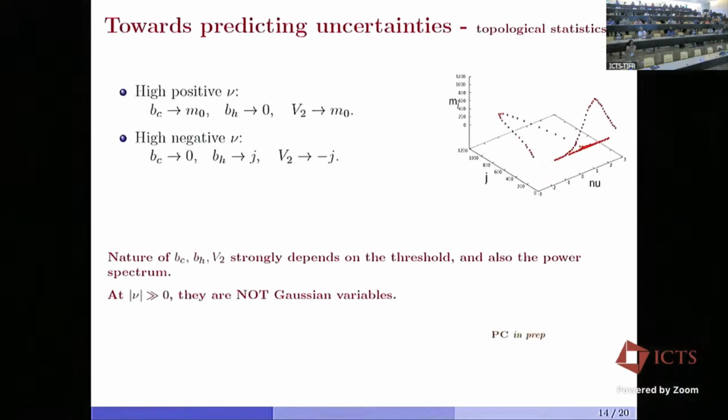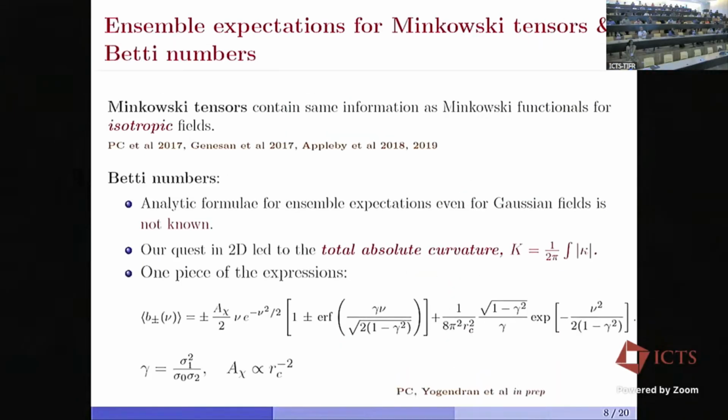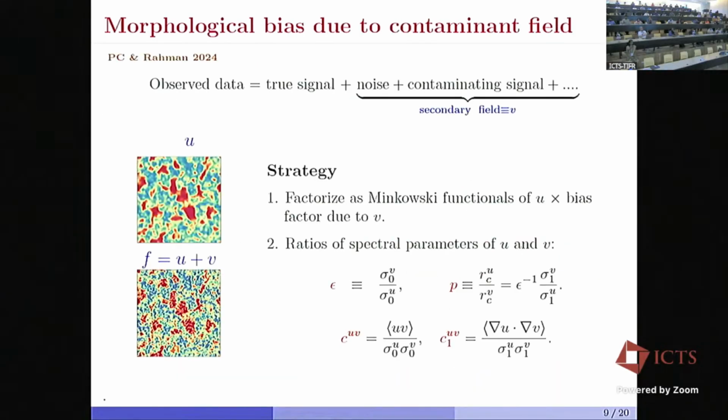So what happens is, when we calculate Minkowski functionals, for example, the third Minkowski functional in 2D is the Euler characteristic, which is basically counting, you are integrating.